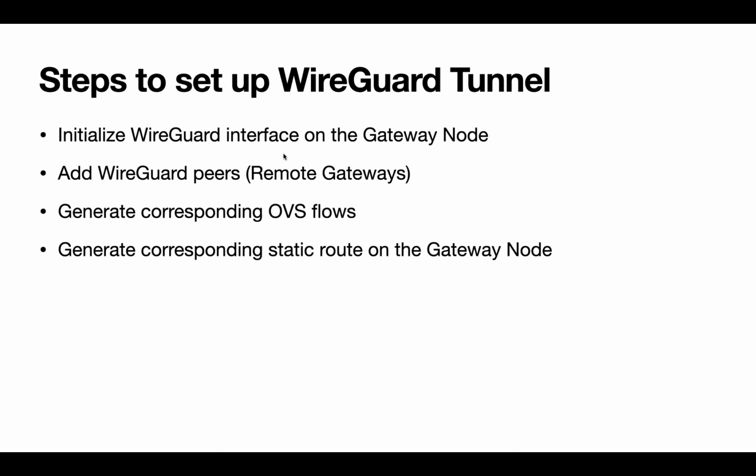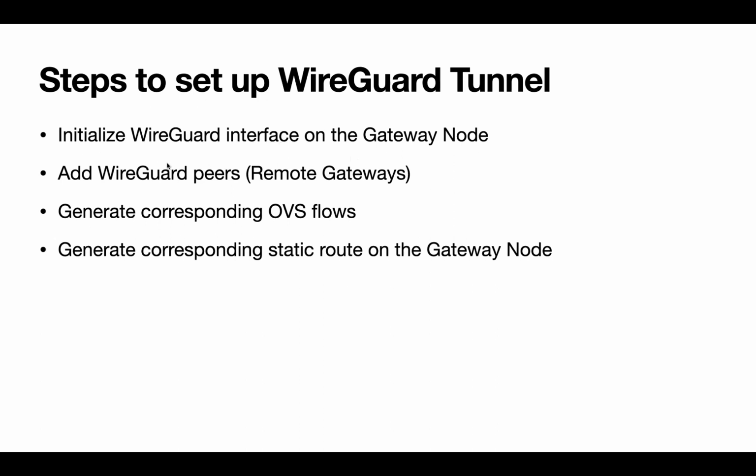In addition, we cannot use the OVS attach command to add the WireGuard interface to OVS because it is a layer 3 interface. The first step is to initialize the WireGuard interface.